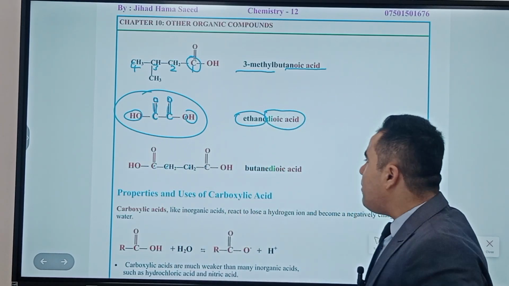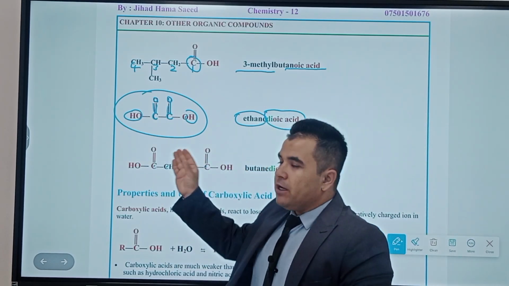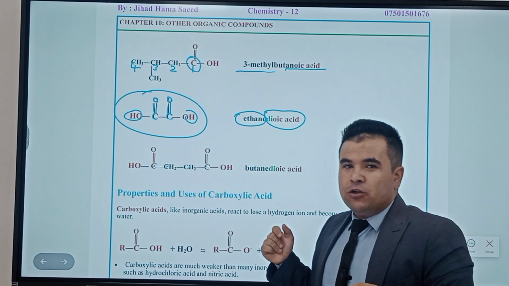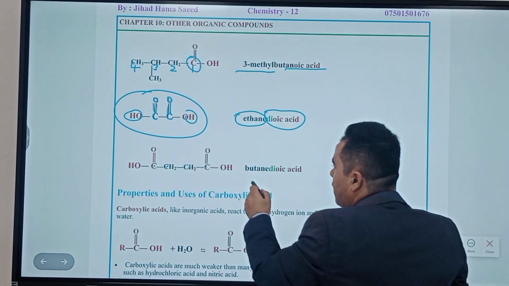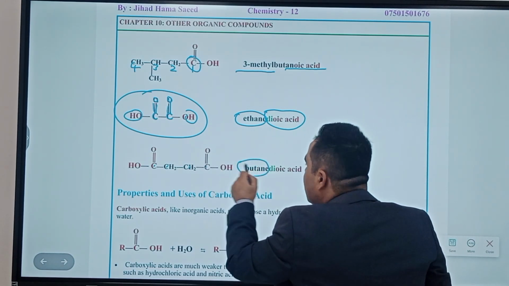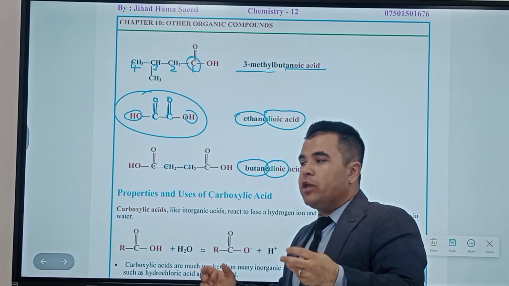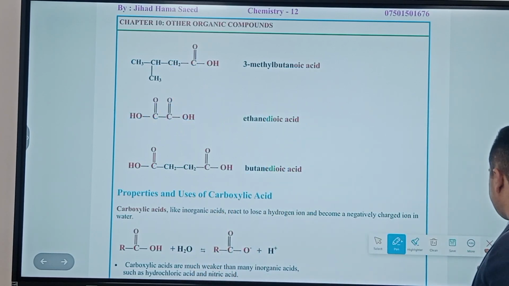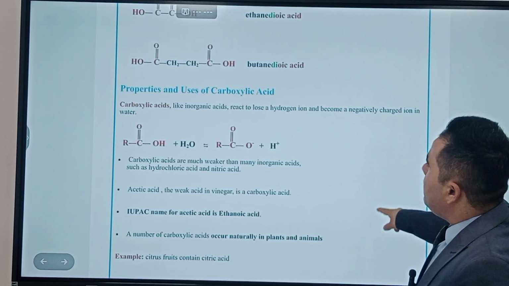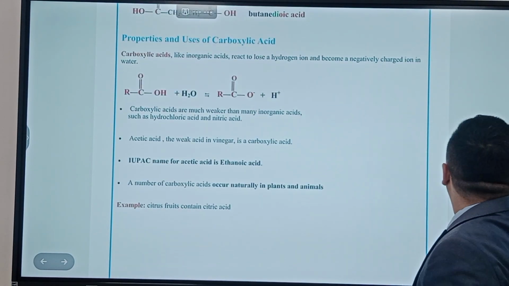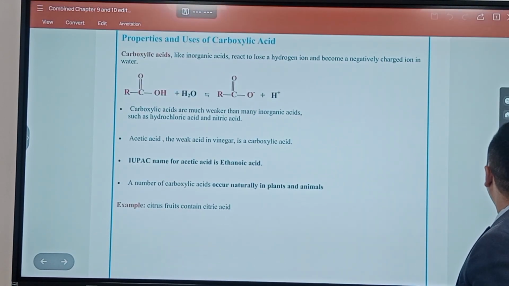The parent is 4 carbons, and we have 2 carboxyl groups, so we use butanedioic, pentanedioic, hexanedioic acid. That's how we name the carboxylic acids.